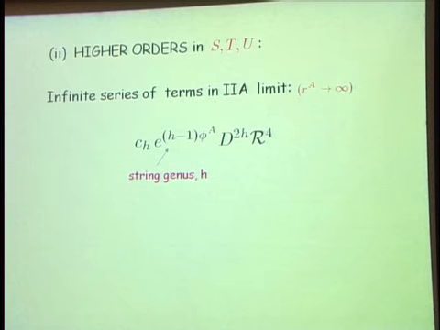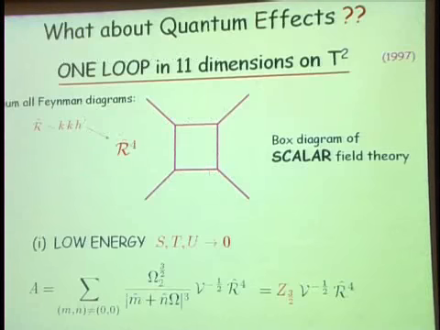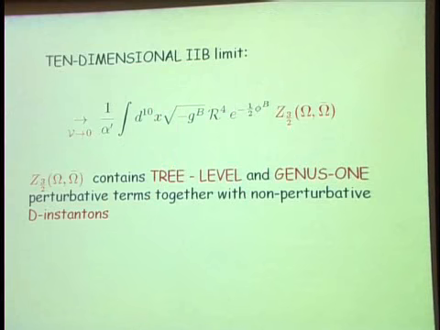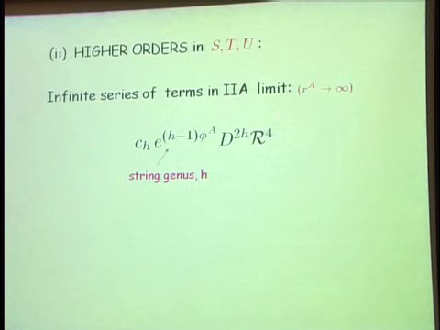So that was just the expression that you get from the lowest order expansion in powers of S, T, and U. If you now expand to arbitrary order in S, T, and U, you get an infinite series of terms, all of which are finite, because the divergent term is independent of S, T, and U. And it gives an infinite series of higher derivative terms in the 2a limit.